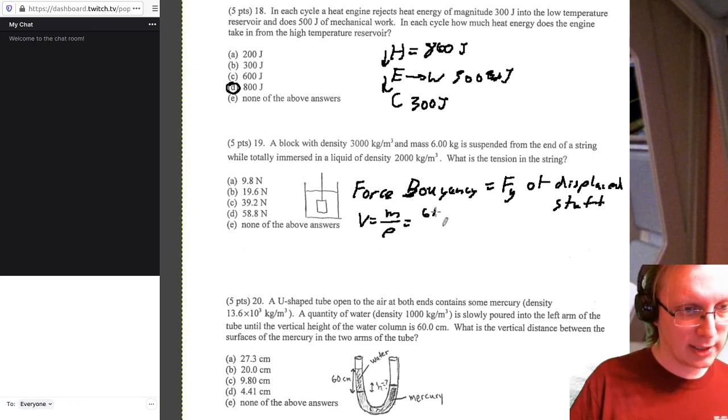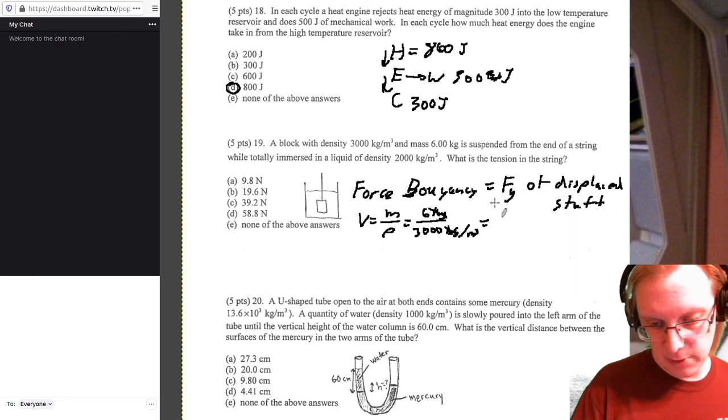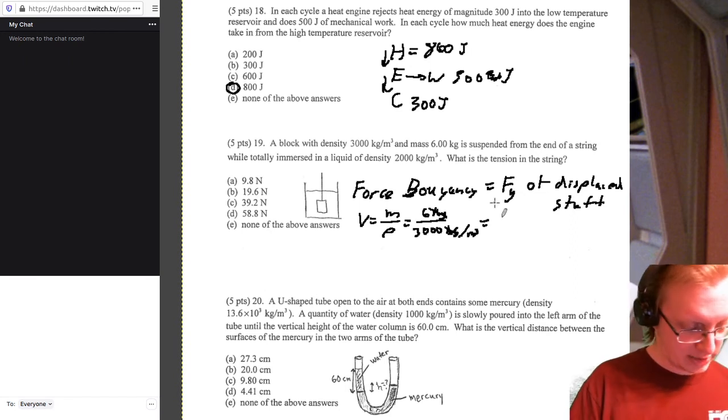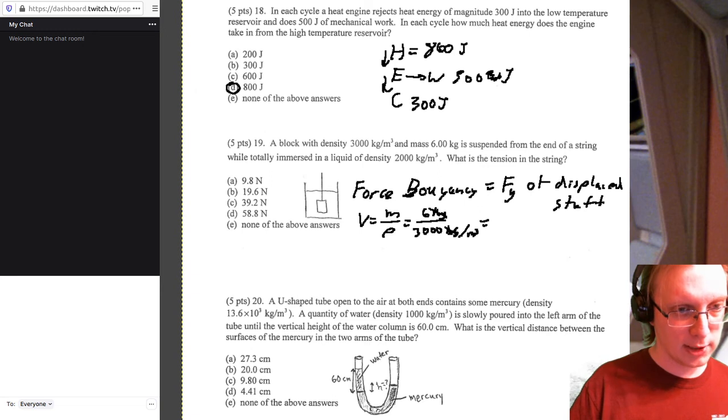So we have 6 kilograms divided by 3,000 kilograms per cubic meter. Kilograms cancel, and the inverse cubic meter on the bottom comes to the top, so our units work out correctly. 6 divided by 3,000 is 0.002 cubic meters.